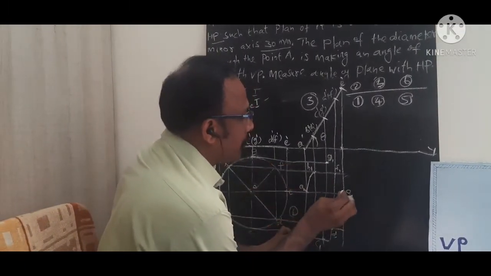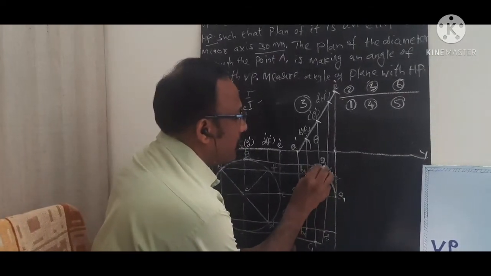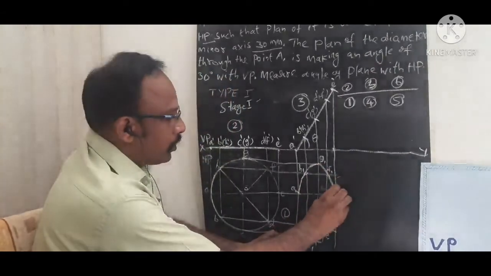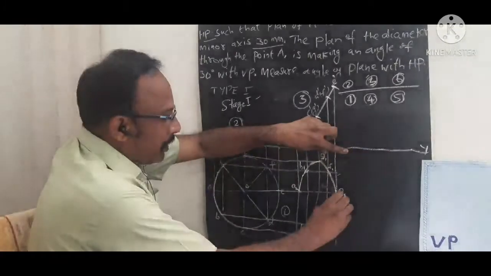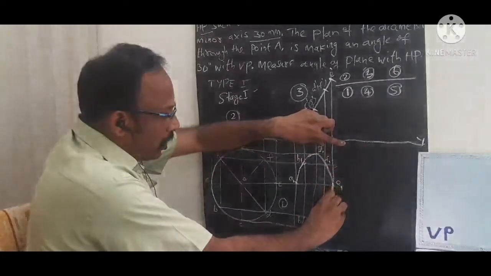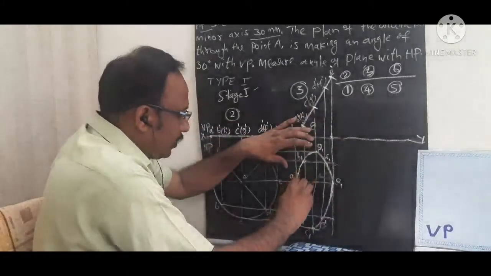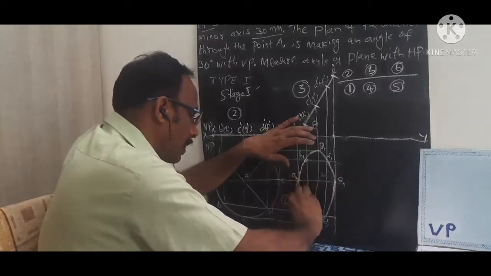You can use the French curve for better joining of these points. I am going to use it this way. You need to join all these points by the smooth curve. You will get an ellipse-like structure. So your second top view will come as this ellipse.